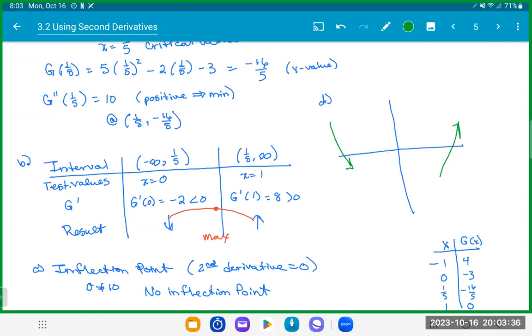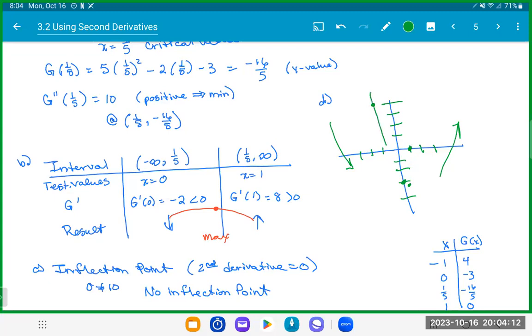So we have 1, 2, 3, and then 1, 2, 3, 4. Okay. So -1, 4; 0, -3; 1/5, a little more than -3; and then 1, 0.